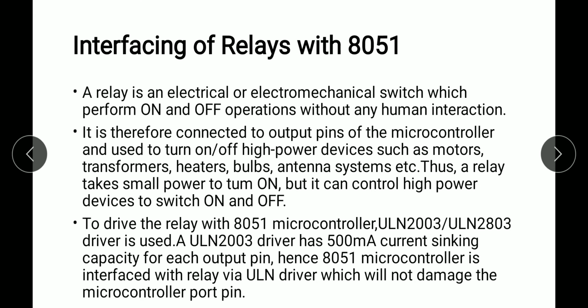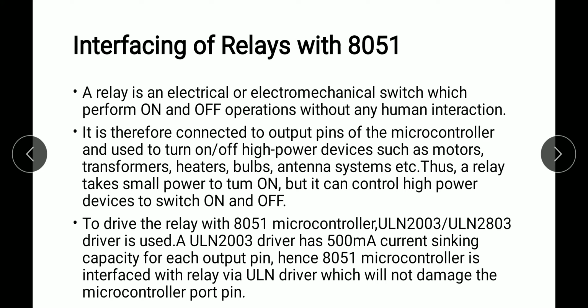After that, interfacing of relays with the 8051 microcontroller. A relay is an electrical or electromechanical switch which performs on and off operations without any human interaction.